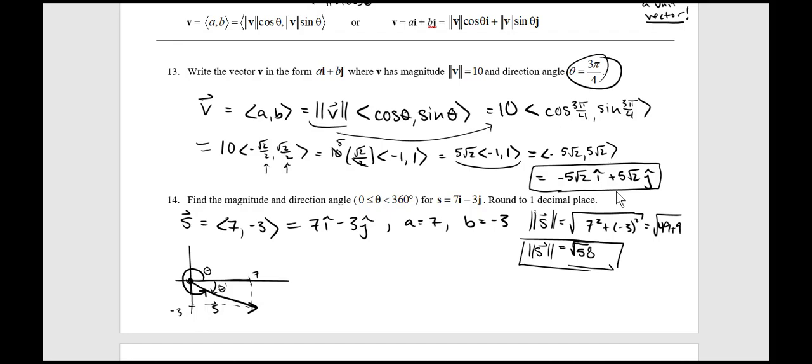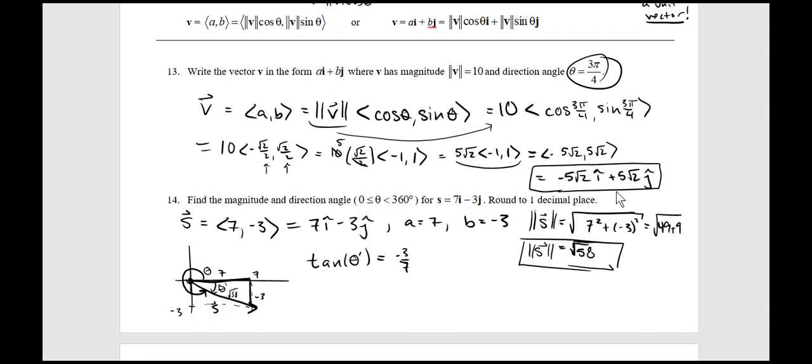Well, we know right away this edge of the right triangle here is like a negative 3. This leg of the right triangle is a 7. We know the hypotenuse is root 58. We can do a little bit of trig here and figure out that angle using some inverse stuff. So maybe I do a tangent. We can say tangent of theta prime, that I'm calling it, is opposite over adjacent.